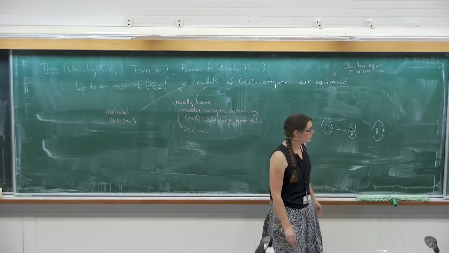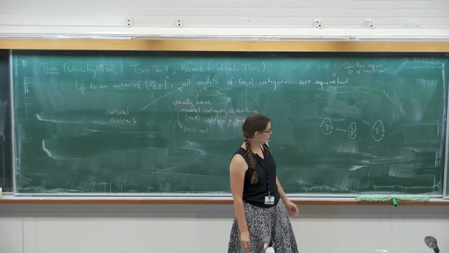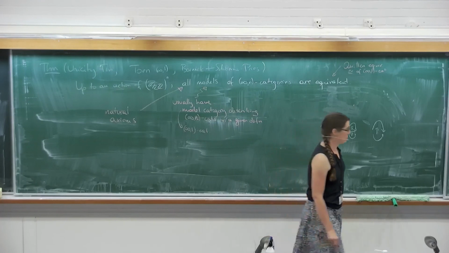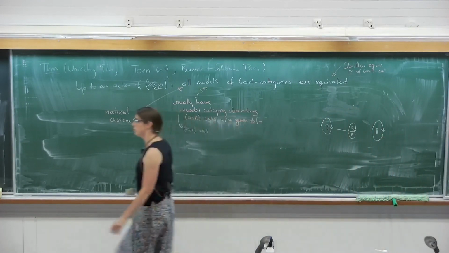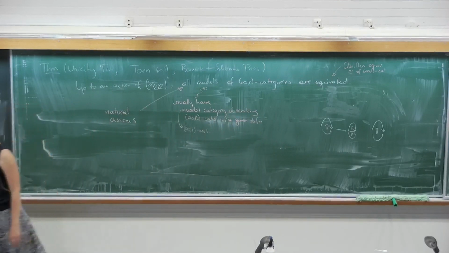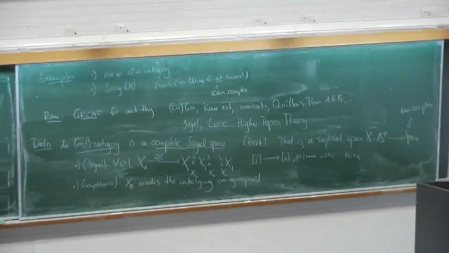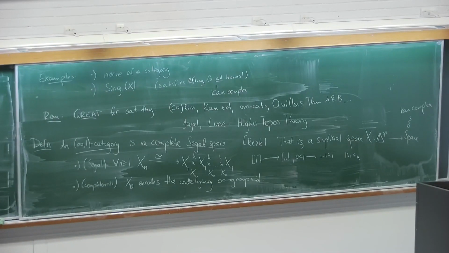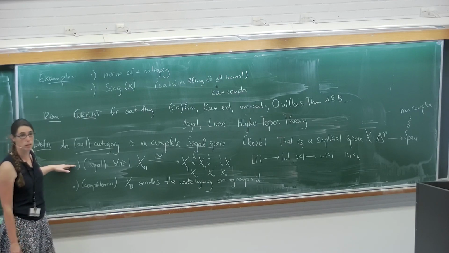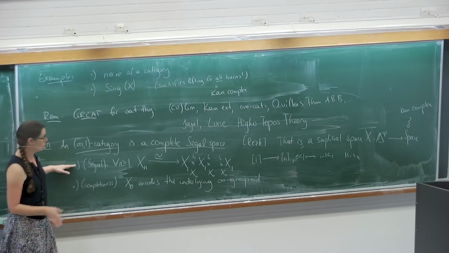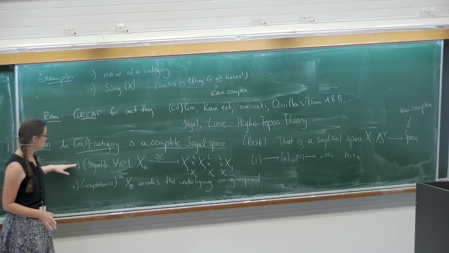Okay, so to go away from the scariness of this last statement, for tomorrow, which board am I on? In the middle, okay. For tomorrow, we'll just focus on this definition here, and actually only on the first part. So if all of the other stuff confused you, just remember this definition.